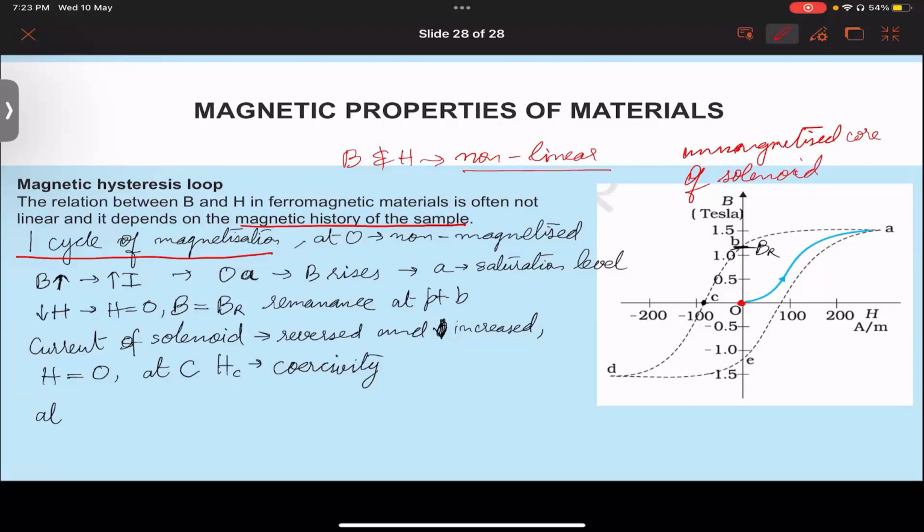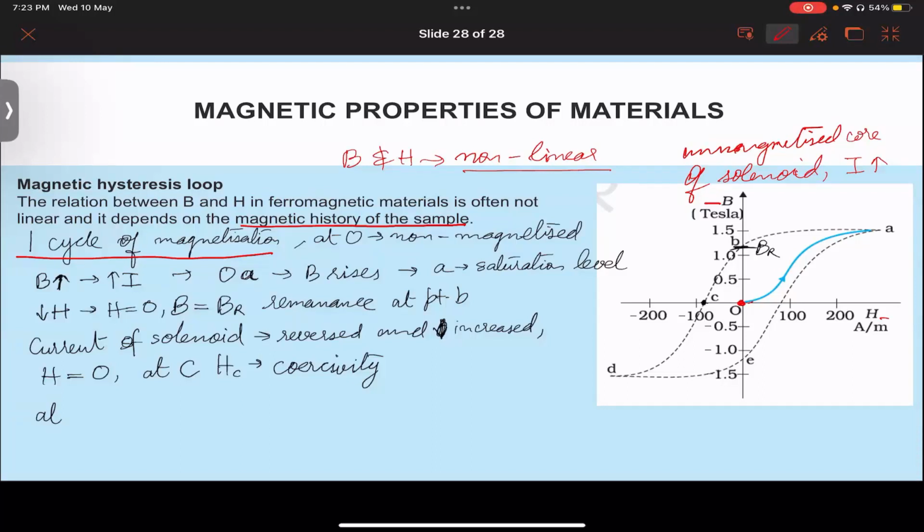When it is put in the solenoid, the current passing through the solenoid is increased gradually. Then we measure the magnetic intensity H, and we also measure the magnetic field. When the current is increased, the magnetic field keeps rising.